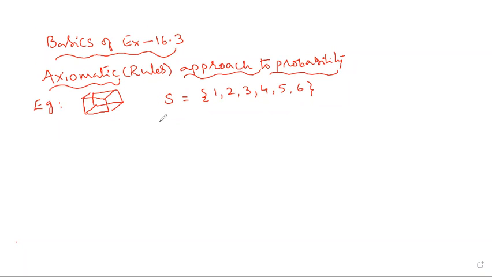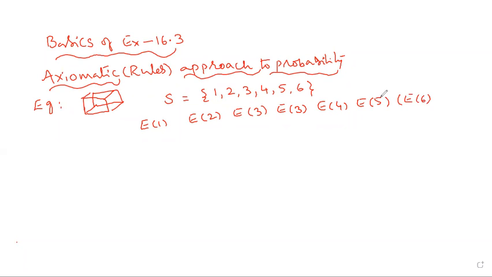This is called an event: one is called an event. Event of 1, event of 2, and event of 3. 1 will come, 2 will come, 3 will come, or 4, or 5, or 6 will come. These are called events. E of 6.